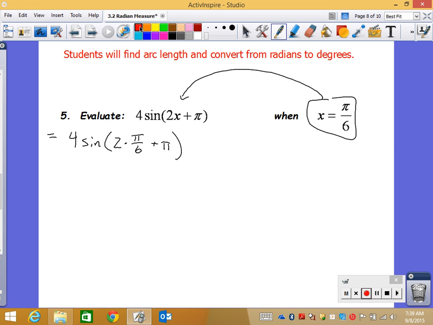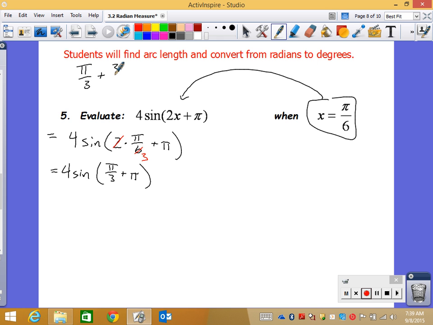First off the bat, 2 and 6 cancel and leave me with a 3 where the 6 was, because 2 goes into 6 3 times. So we're looking at now 4 times the sine of pi over 3 plus pi. So we need to get common denominators to combine pi over 3 and pi.